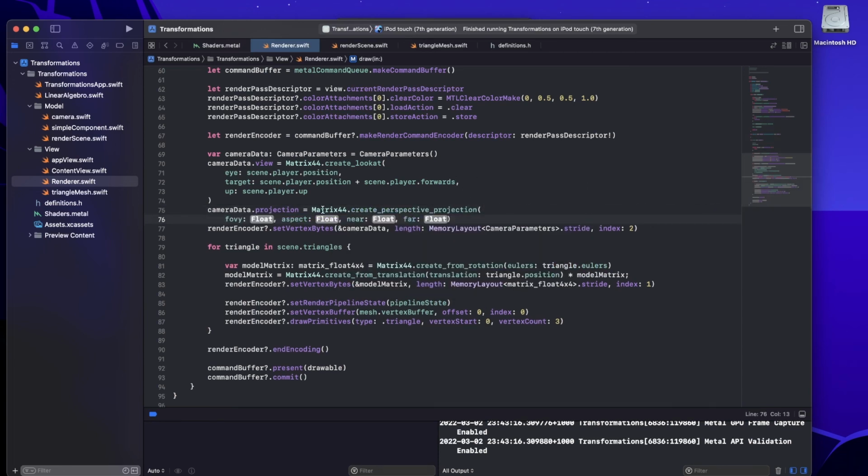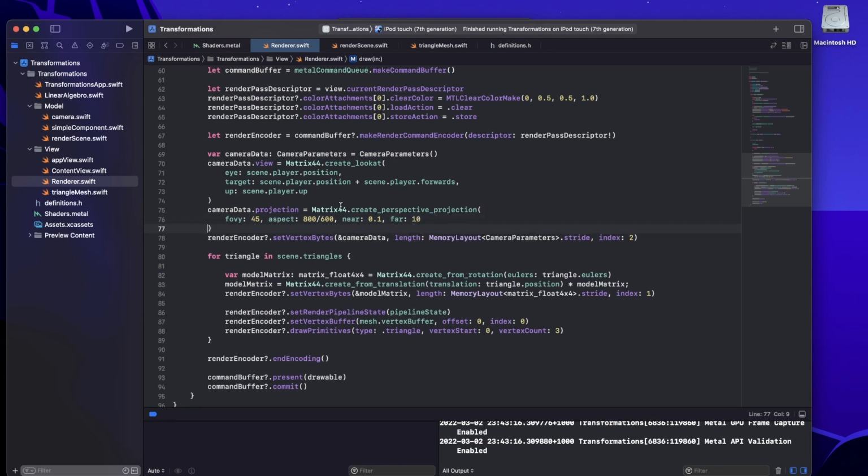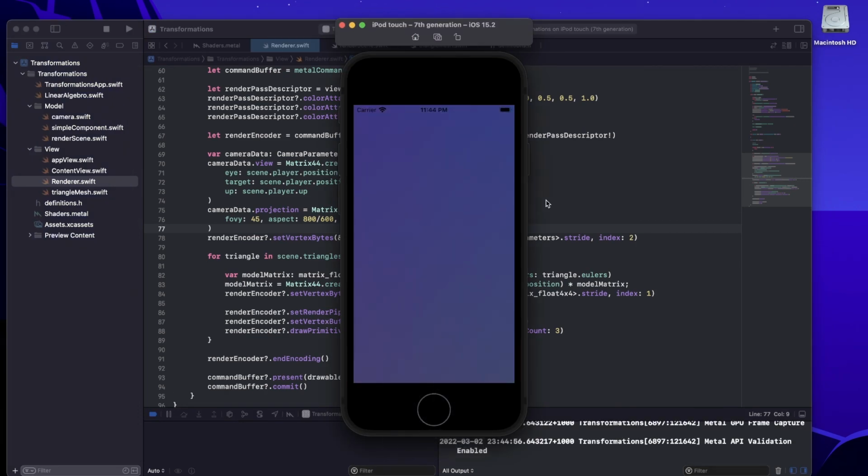Okay. Field of view is going to be 45 degrees. Aspect is just width over height, so 800 over 600 or 4/3. Near is we're not going to draw anything closer than 0.1. Far, we're not going to draw anything further than 10. And see, there's a side effect here. Earlier, we were not doing perspective division.